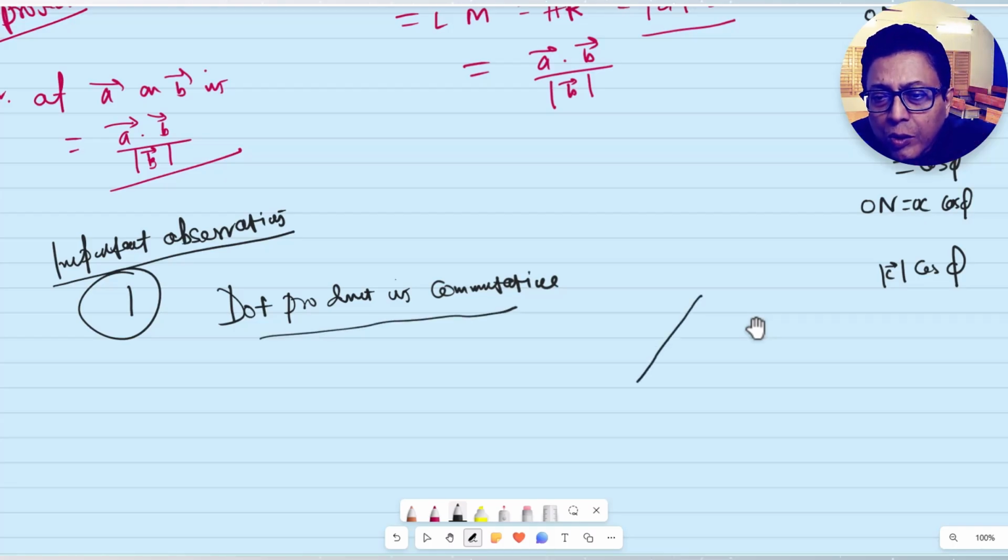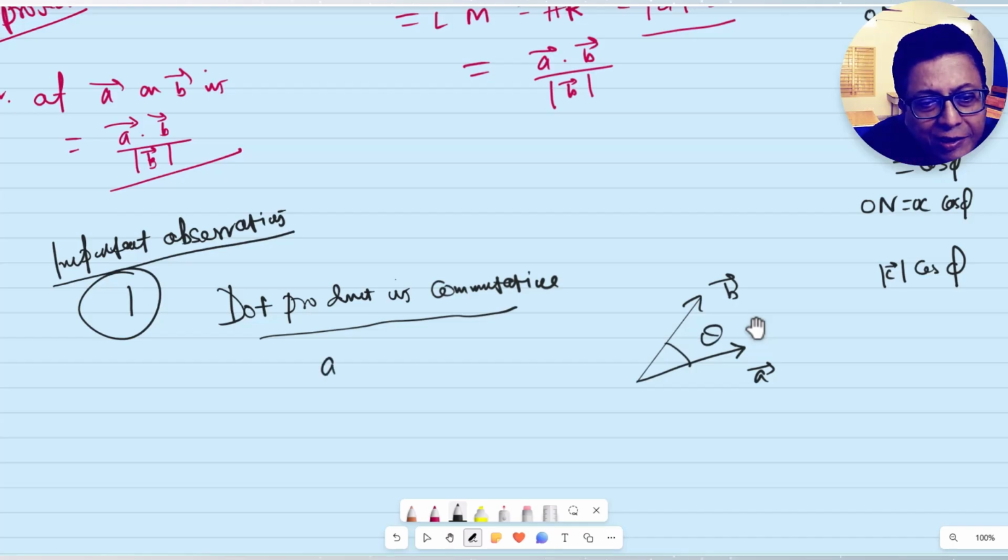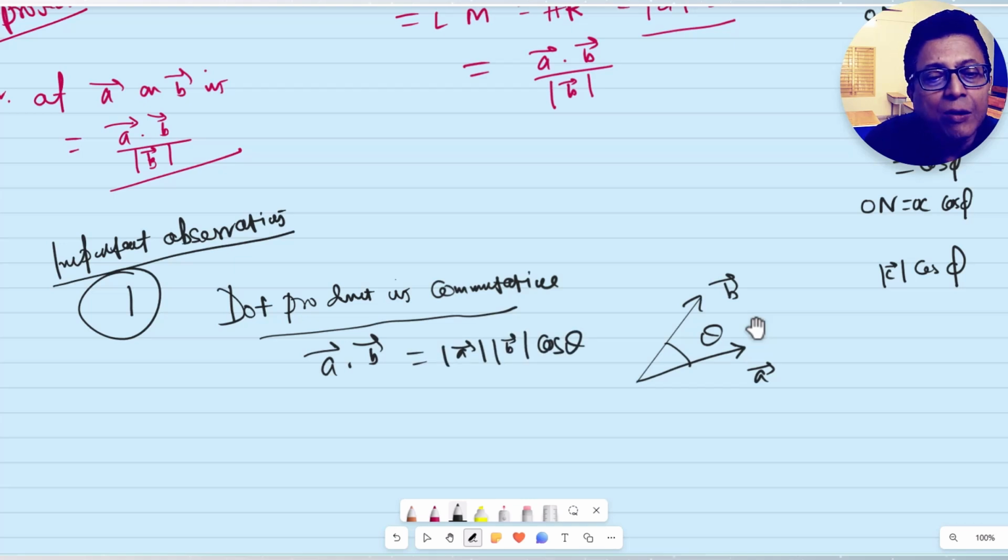You have done A dot B this manner. This is A, this is B, theta is the angle. We have written A dot B equal to mod A mod B cos theta.